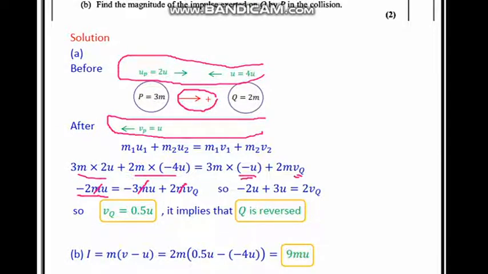So negative 2u plus 3u will be 1u as you know. Divide by 2 gives us vq equal half u.